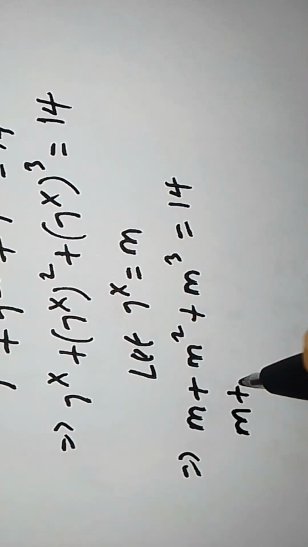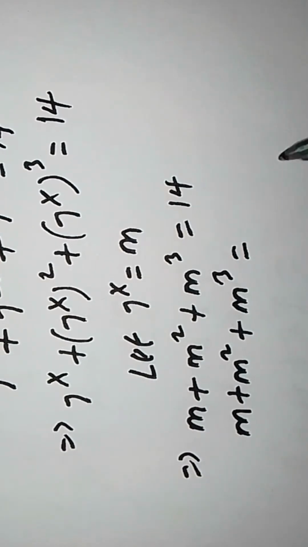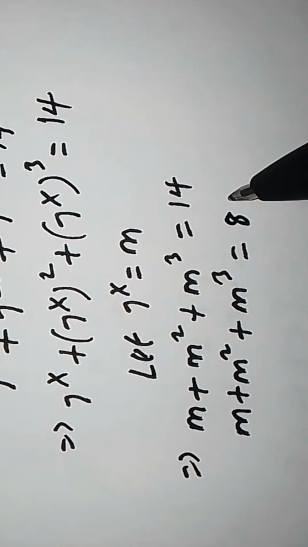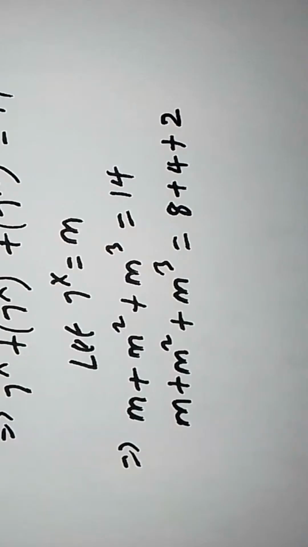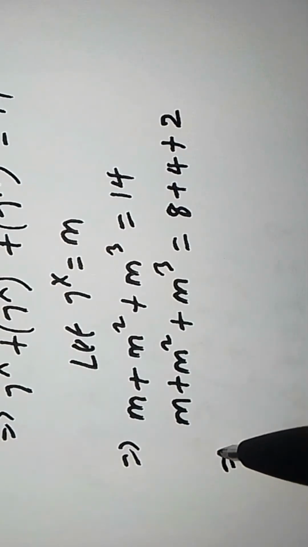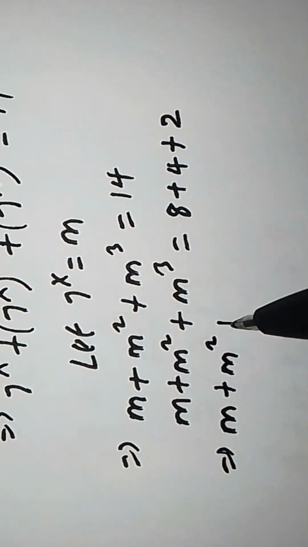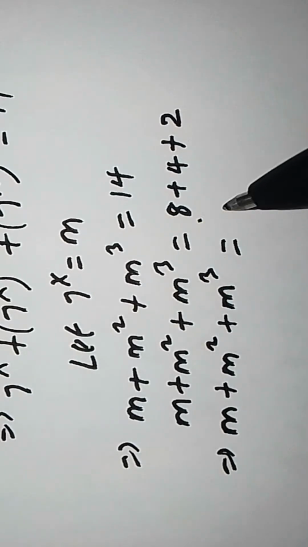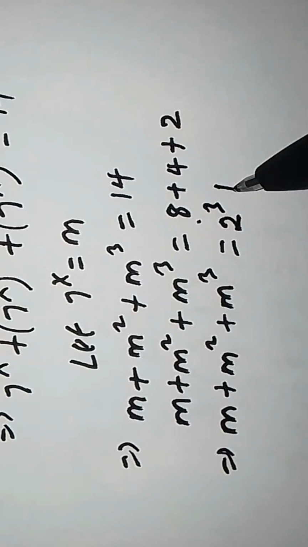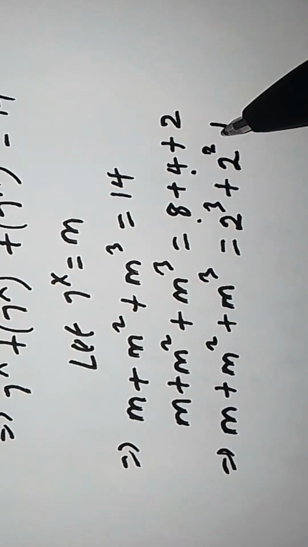m plus m square plus m cube is equal to, we can rewrite 14 as 8 plus 4 plus 2. Let's proceed further. This means that m plus m square plus m cube is equal to 8, which could be written as 2 to the power of 3, plus 4, also written as 2 square, plus 2.